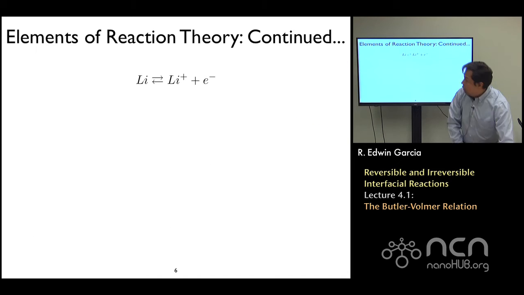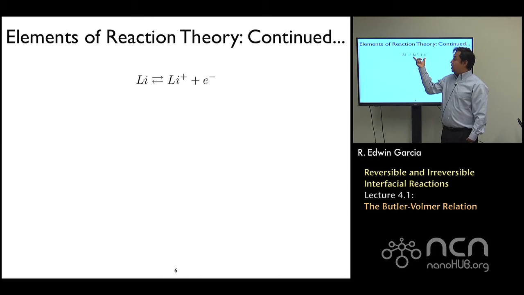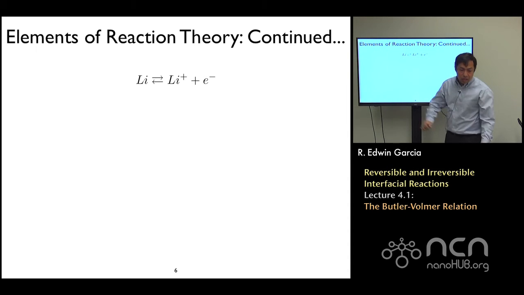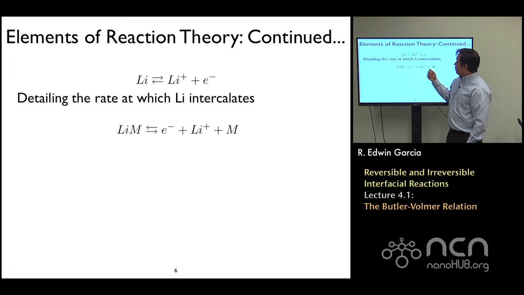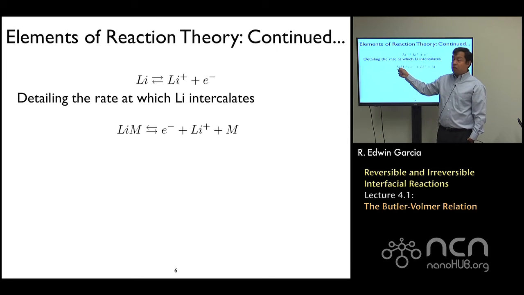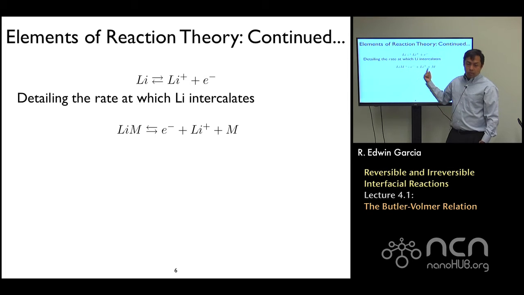Okay, if we assume that we always have those electrons present at that interface, then we can say that the limiting rate of intercalation really corresponds to that lithium ion reacting with that spot in the interface and that electron in order to put it into that material. And of course, in the other direction, that lithium atom is dissociated into a lithium ion and an electron. Both of them are accounted for.